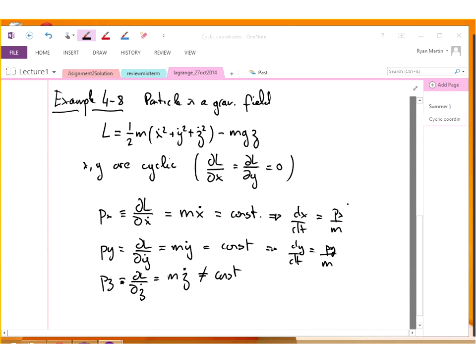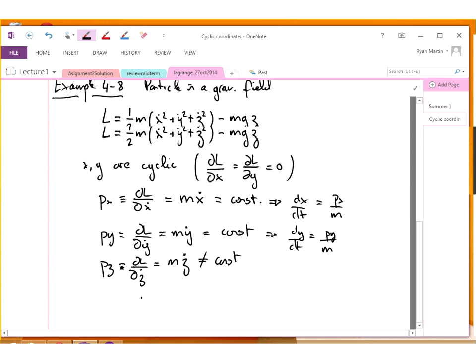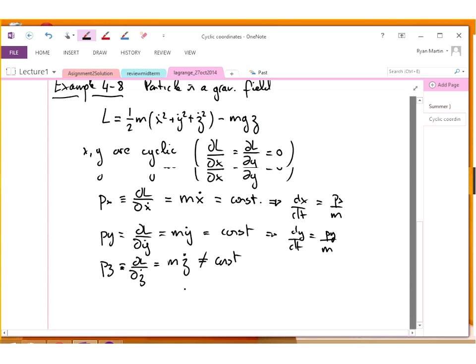So then, of course, x can be integrated immediately, and so can y. So let me write them at the bottom. x of t would be equal to px over m times t plus some constant. And same with y of t.